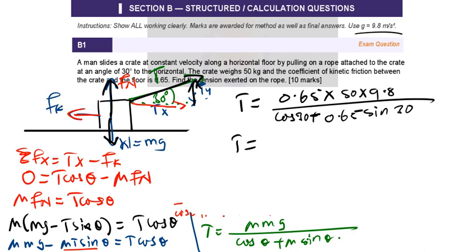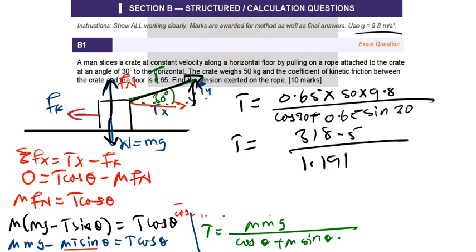Therefore, T is equal to, let's dismantle the top part, 0.65 times 50 times 9.8. We have 318.5. The down part is cos 30 plus 0.65 sine 30, and what I'm getting down here is 1.191.